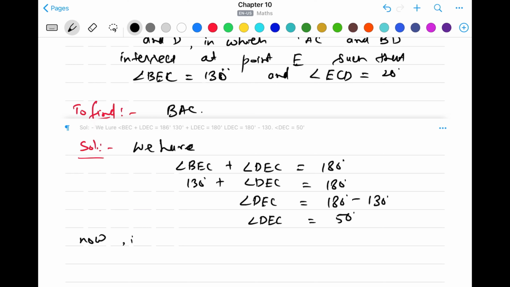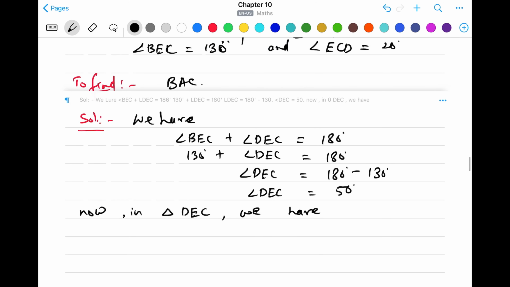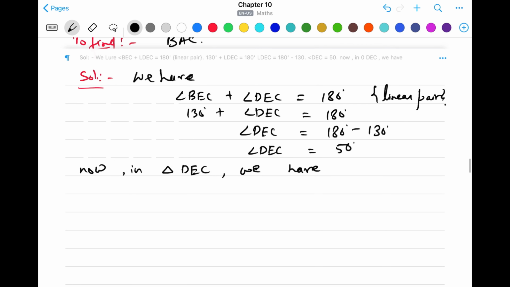Now in triangle DEC, this was the linear pair. Now we are going to apply the angle sum property of triangle for triangle DEC.